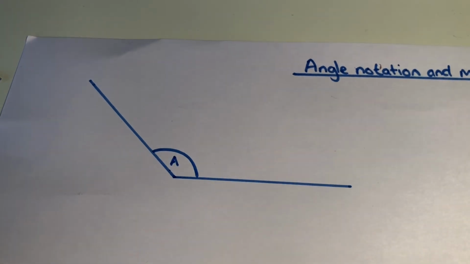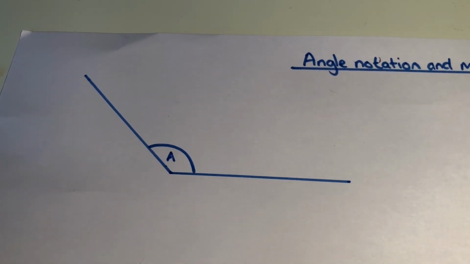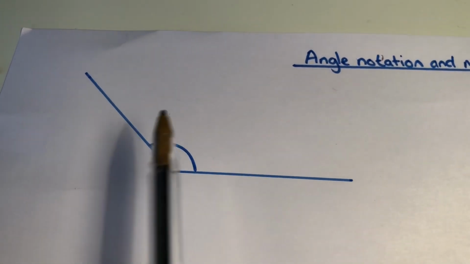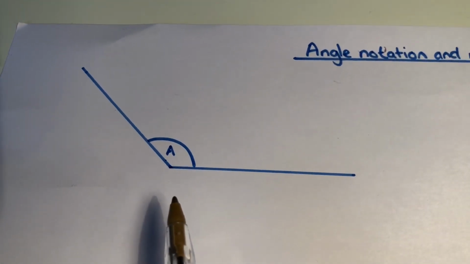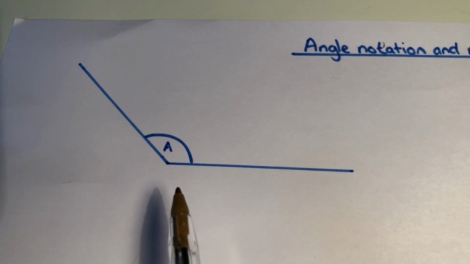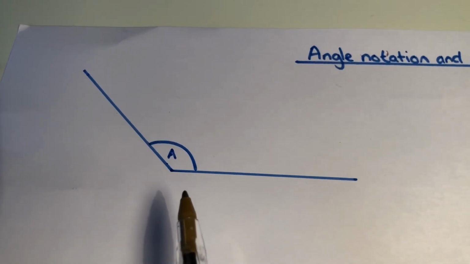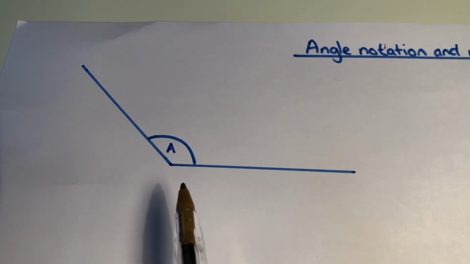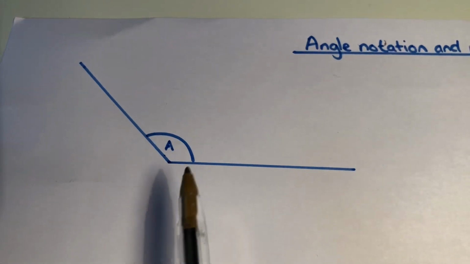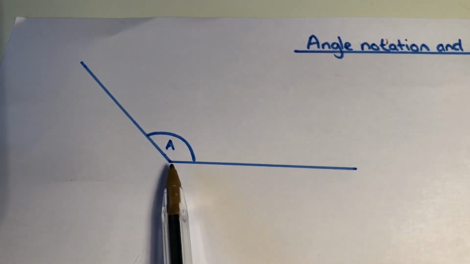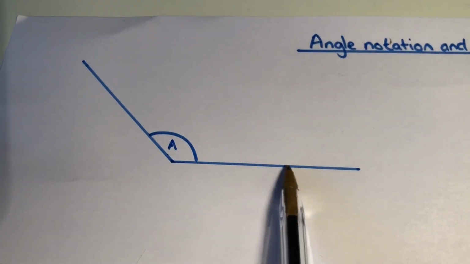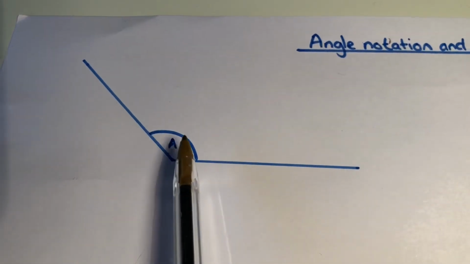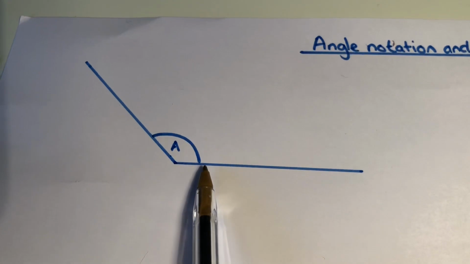And what's really important when we look at how we measure angles is that we always estimate, first of all, what we think it might be. And we can use our knowledge of what the different types of angles are that we learnt in our previous lesson. So I can see that this is definitely bigger than a right angle. It's bigger than the corner of your book or your page, and therefore it's an obtuse angle.